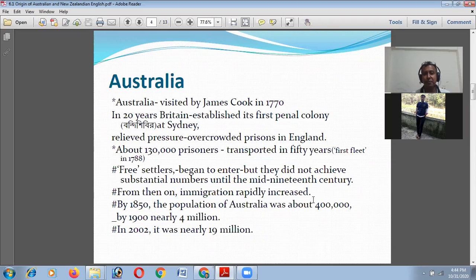However, the free settlers went to Australia later on, in the second half of the 19th century. From that time forward, the number of immigrants in Australia increased rapidly. And up to 2002, the population of Australia was 19 million.